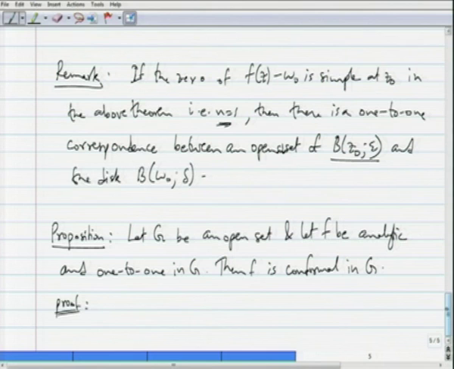So, f is 1 to 1 implies f is locally 1 to 1. What I mean by locally is that there is a neighborhood around every point where it is 1 to 1.